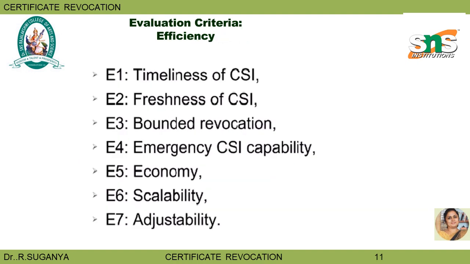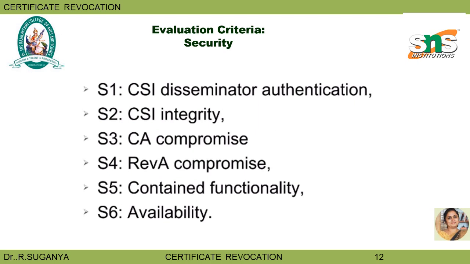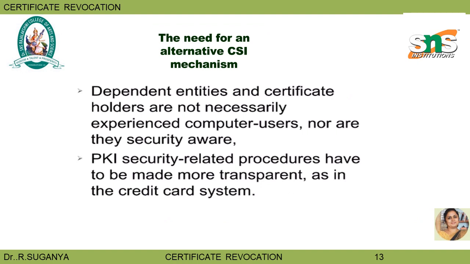Evaluation criteria of efficiency: E1 timeliness of CSI, E2 freshness of CSI, E3 bounded revocation, E4 emergency CSI capability, E5 economy, E6 scalability, and E7 accessibility. In terms of security, S1 to S6, which are authentication, integrity, compromise, revocation compromise, containment functionality and availability.